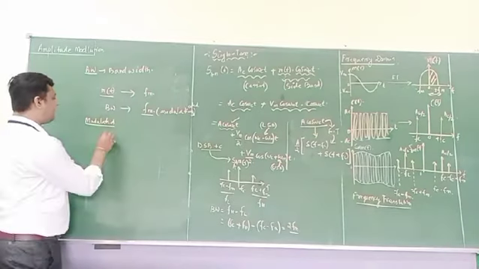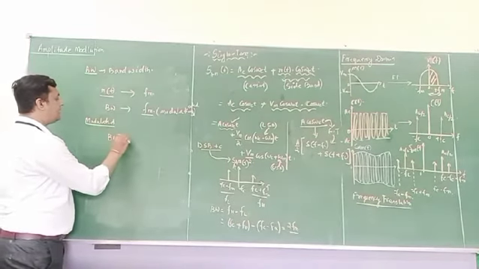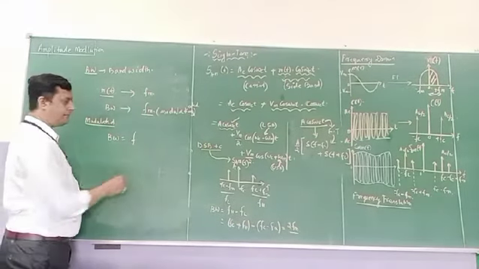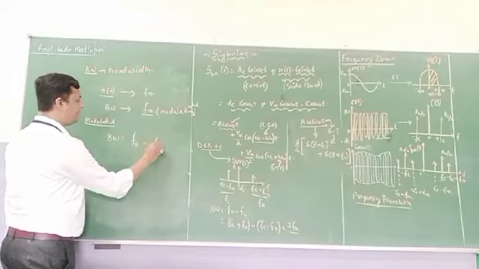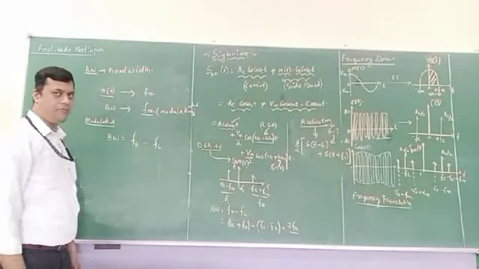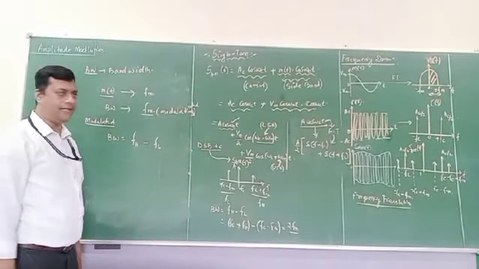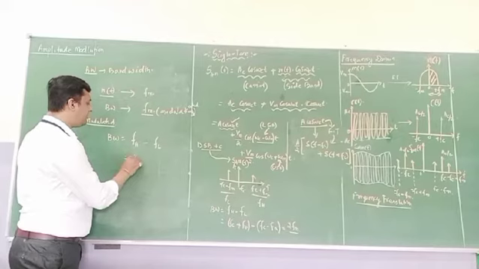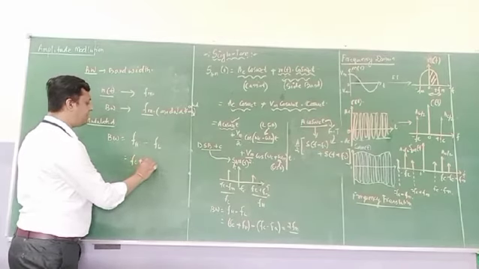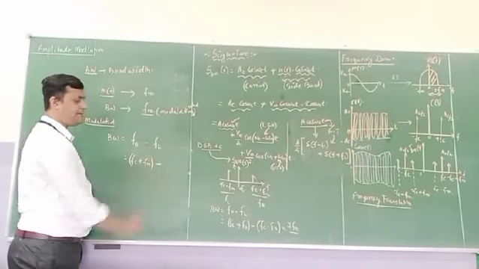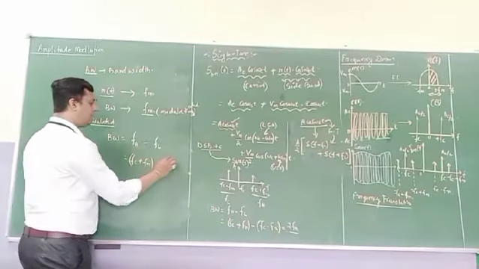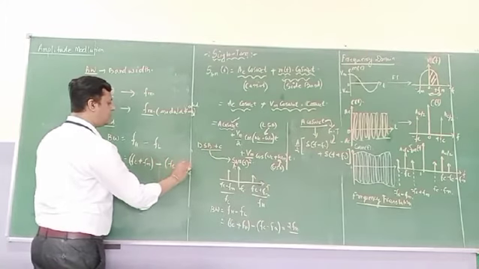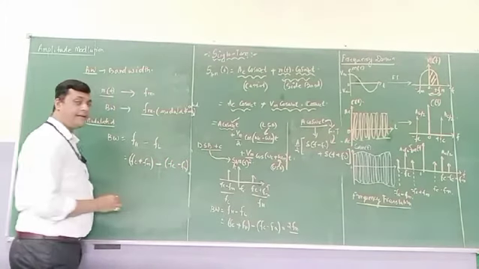It is the upper sideband, the higher frequency component, minus the lower frequency component. In this figure you can see the higher frequency component is Fc plus Fm, called the upper sideband, and the lower frequency component is the lower sideband, Fc minus Fm.